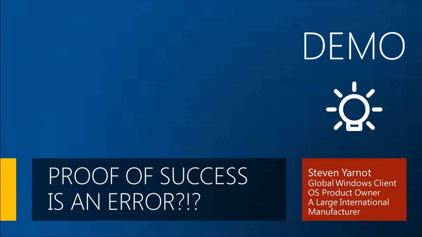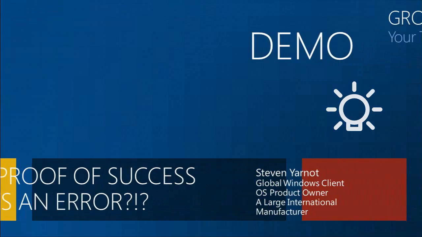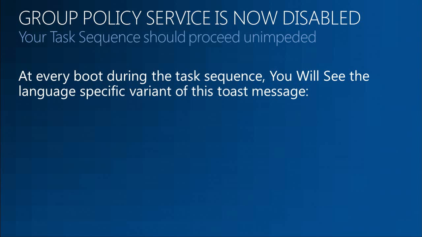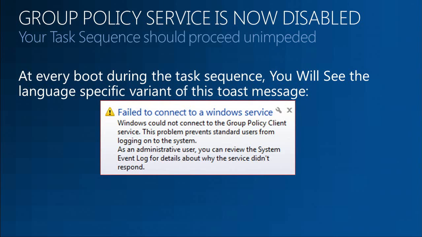So, how do I know if it works? Well, proof of success in this particular case is actually an error. Because what will happen when you succeed at the next boot is you will see a little toast window pop up near the clock that says, I failed to connect to a Windows service. Because this is what we're actually trying to do, this error is proof of success.